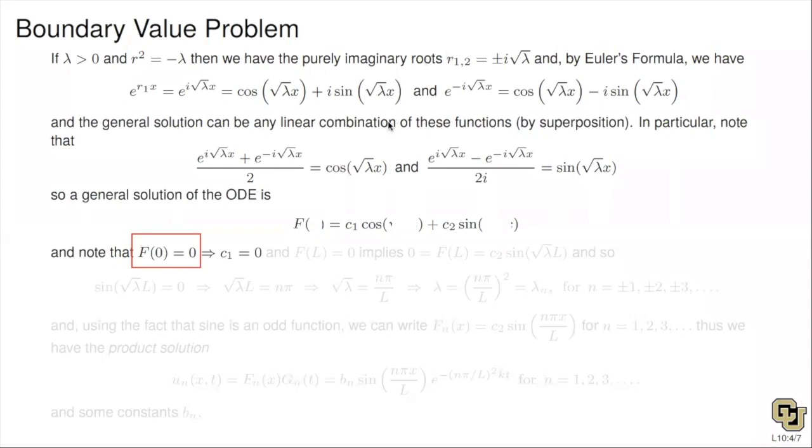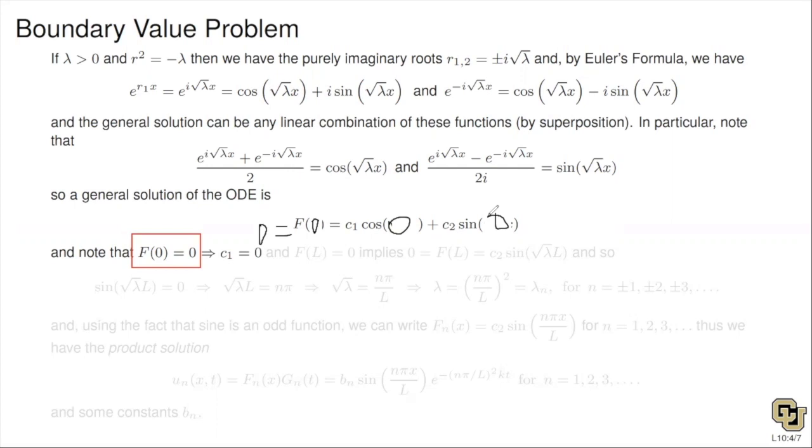So here now, I stick an f of 0 in here, set this equal to 0, put a 0 in here, 0 in here. Alana? If the solution space is infinite dimensional, how can it be spanned by just two functions? The solution space of the ODE is spanned by two functions. The solution space of the PDE is not. Okay.